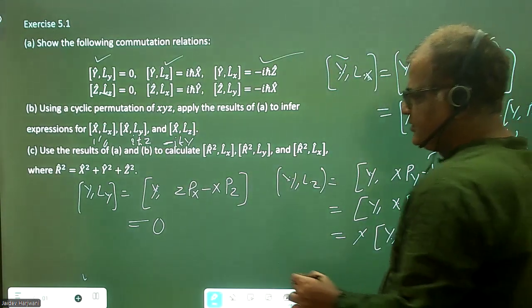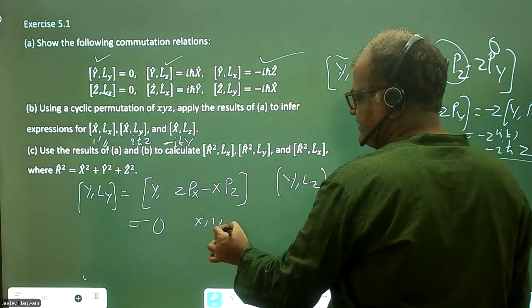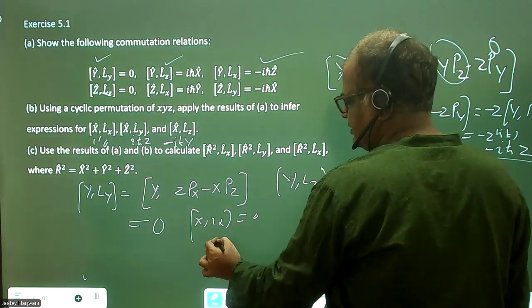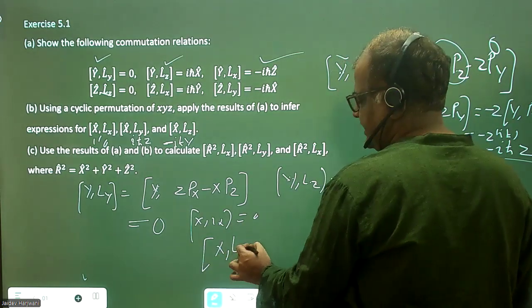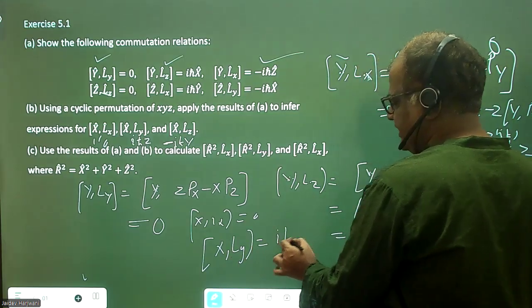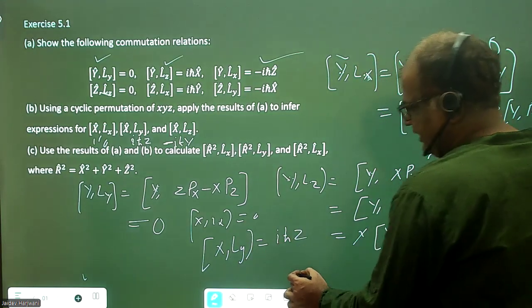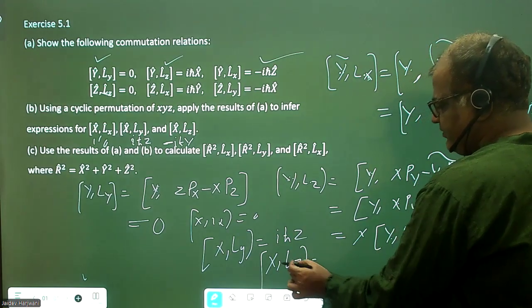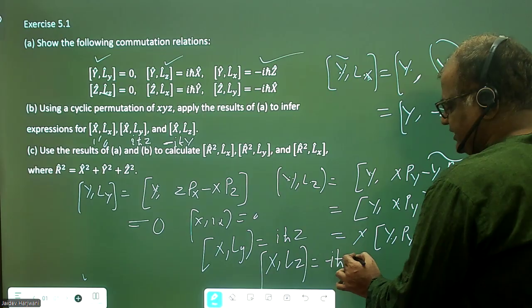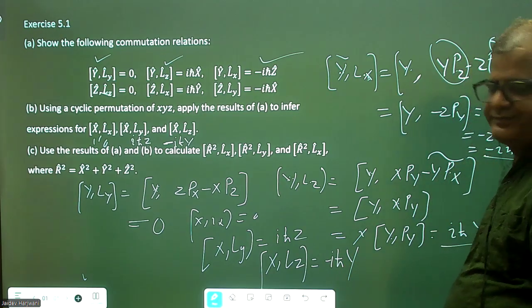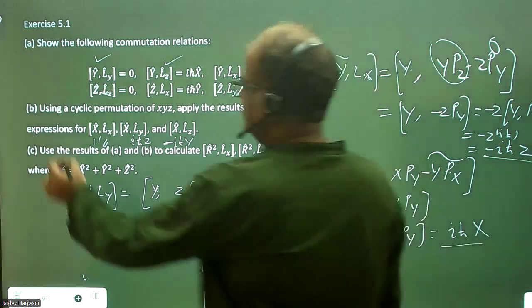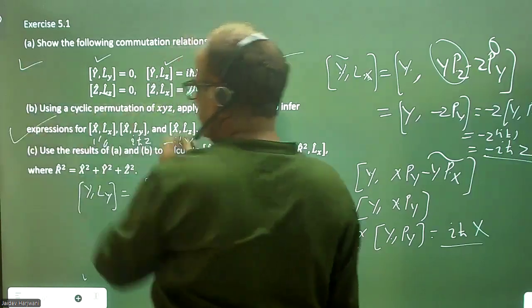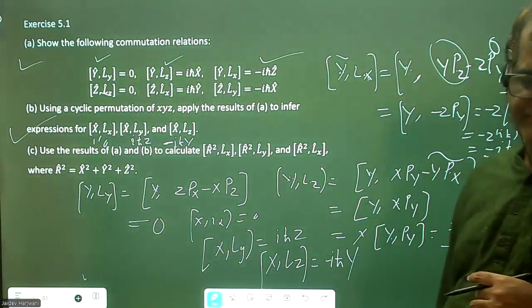So x, Lx will be 0, x, Ly will be iota h cut z, and x, Lz will be minus iota h cut y. So options A and B have been done.